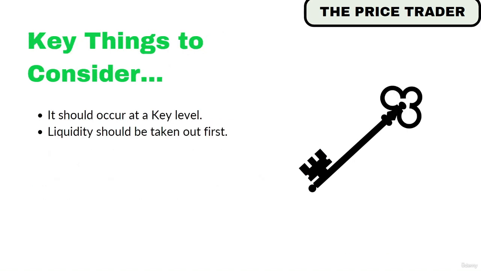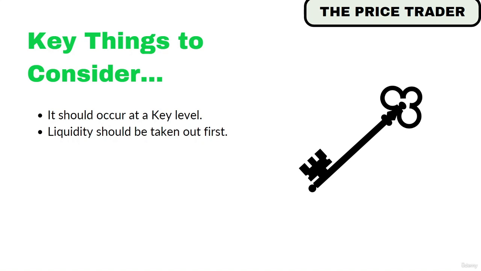There are two keys to consider when defining your market structure. Number one, it should occur at a key level, and number two, liquidity should be taken out fast. These are the two elements that you need to really focus on when defining your market structure.